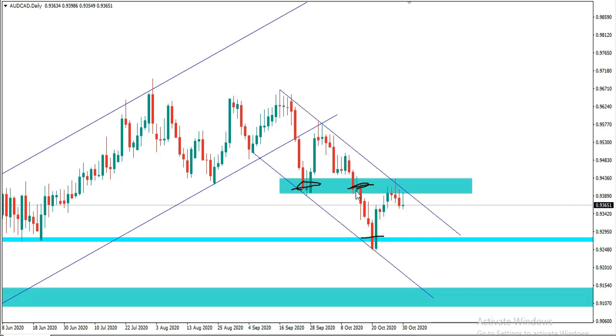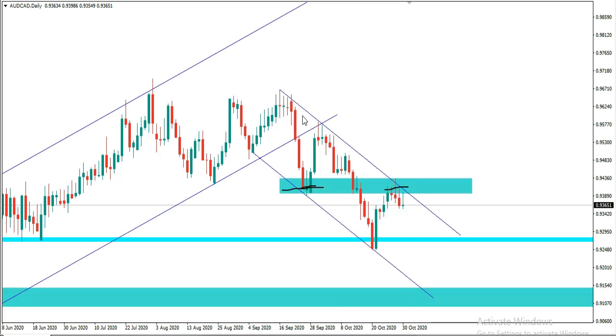Now by the time the price was getting back to this area right here, the price found resistance at that area, which was expected, and with the price finding resistance at this area, we can expect to see further drop in the price. And as you can see, we have a confluence of resistance at that point. First we have this horizontal level of support right here, which is now acting as resistance.